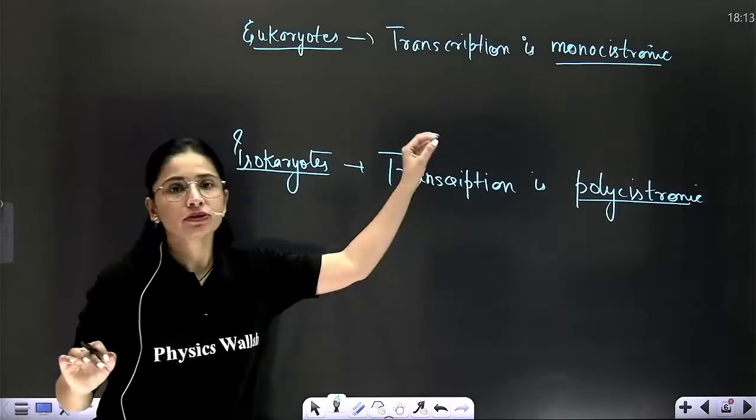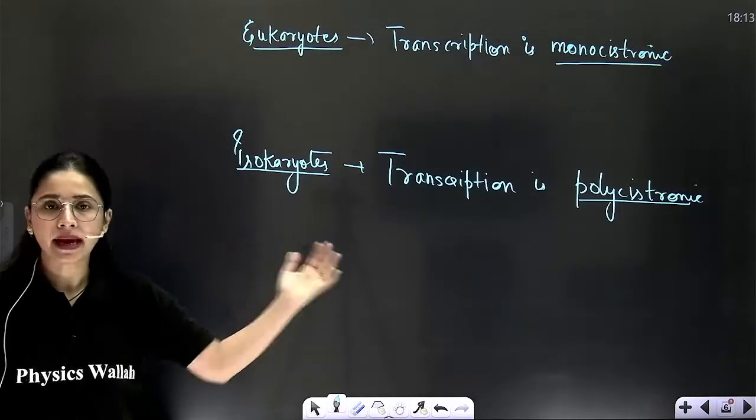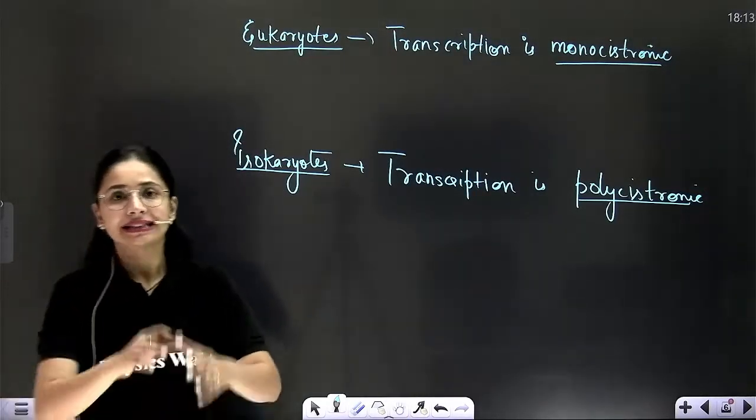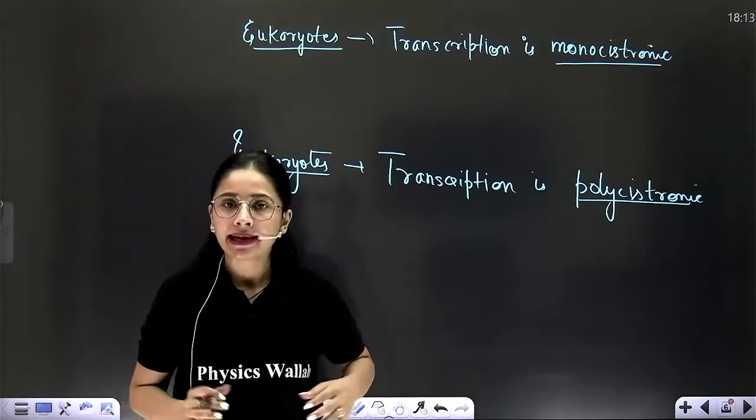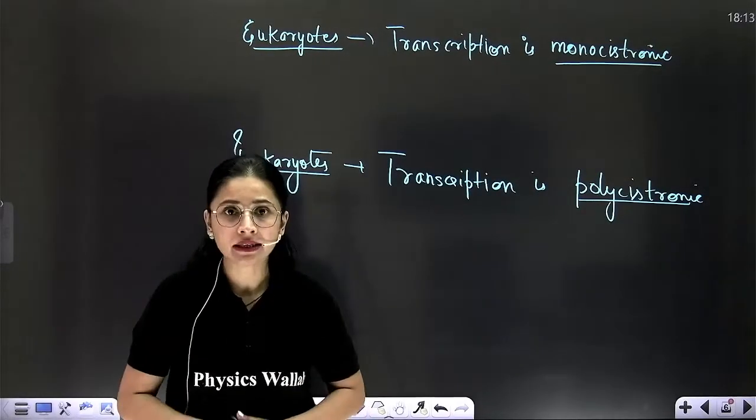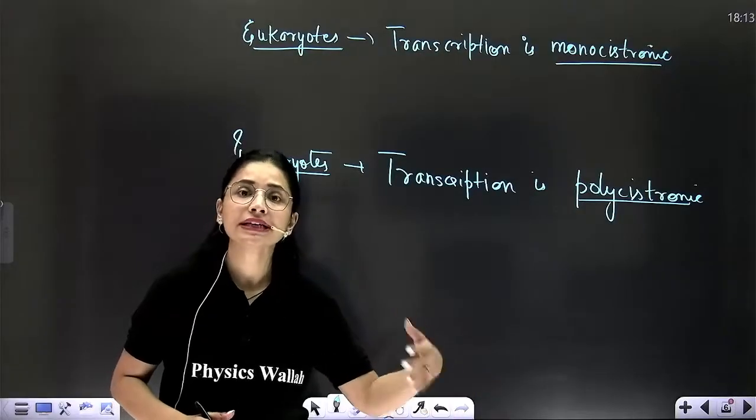Mono means one, poly means many. Cistron is that segment of DNA, that segment of a gene which is active in protein synthesis.